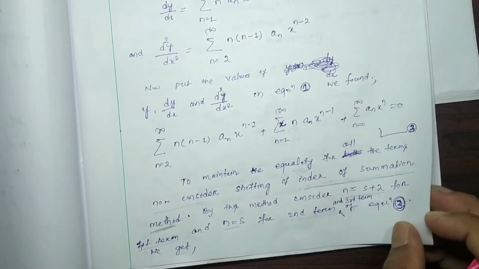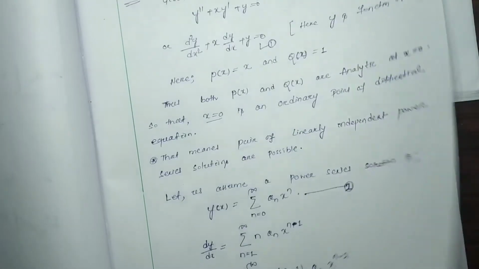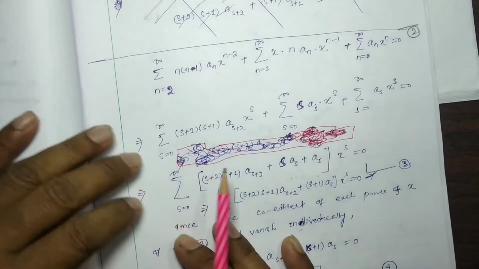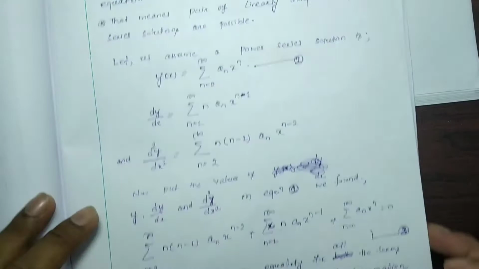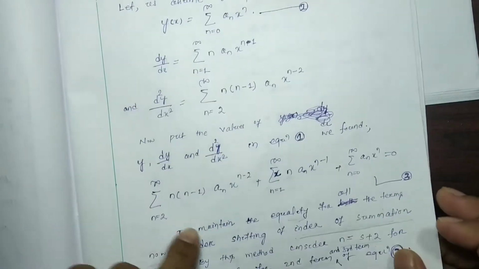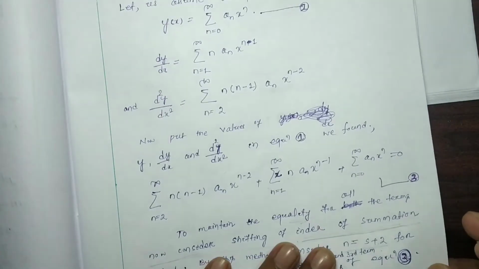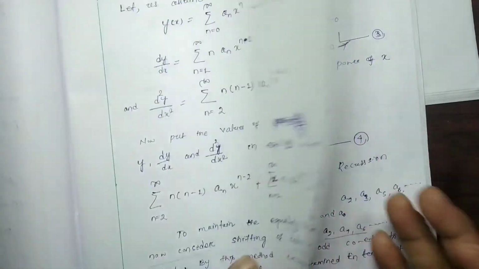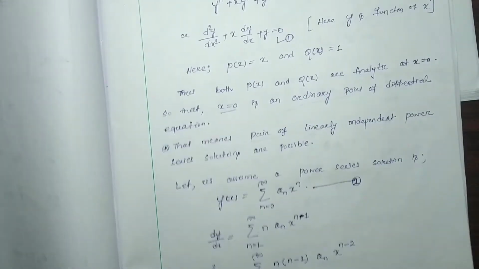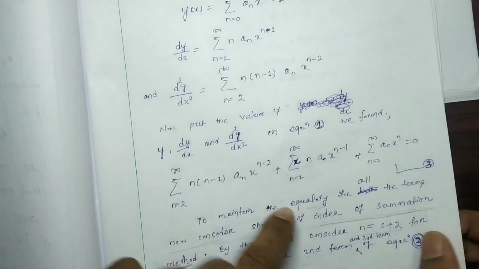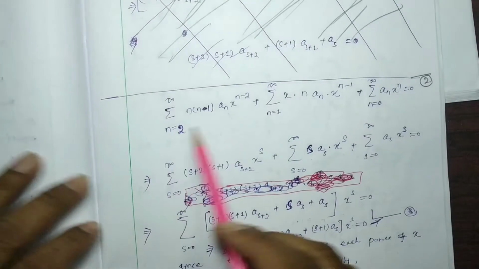If we do so, then we can find that I have written the previous equation once again, because I am not going to follow this page again; it will disturb me. So only for that I have written this last equation, number 3, over here. So this is our equation number 3.